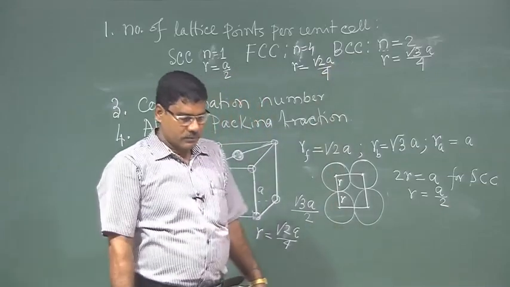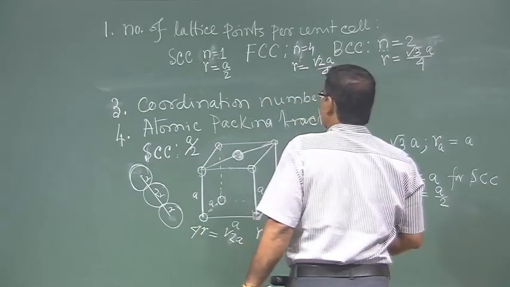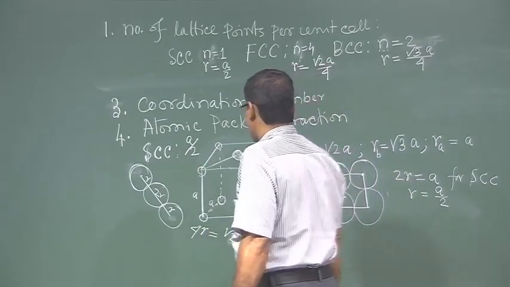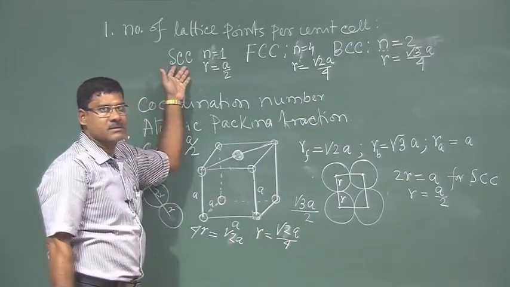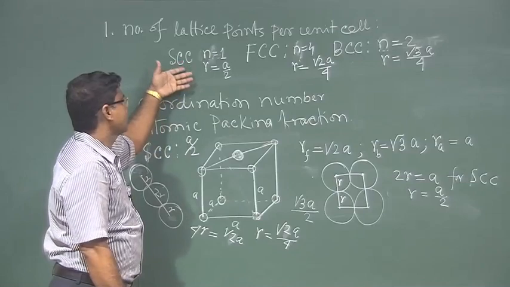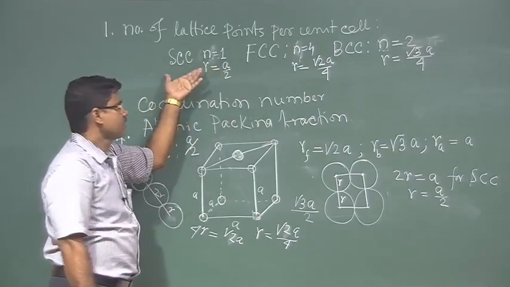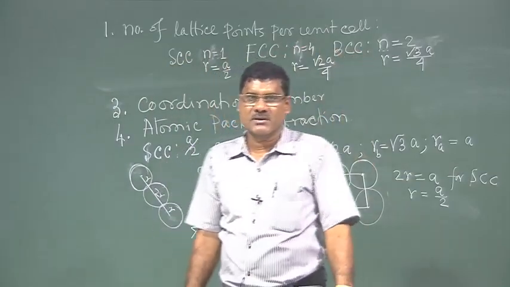So, the radius of atom will be different for different Bravais lattices. For the cubic crystal system we have 3 Bravais lattices: simple cubic, face centered cubic, and BCC, body centered cubic.